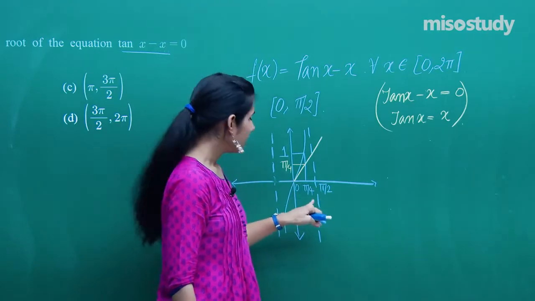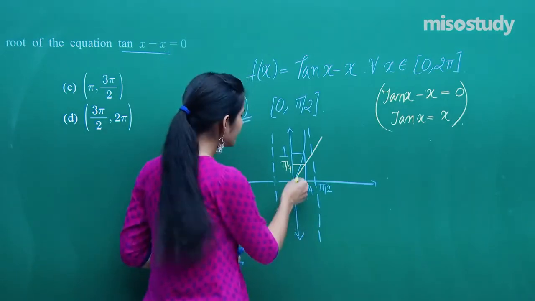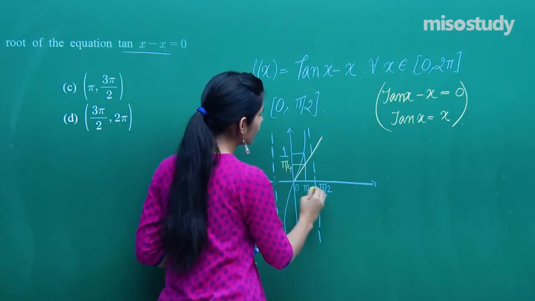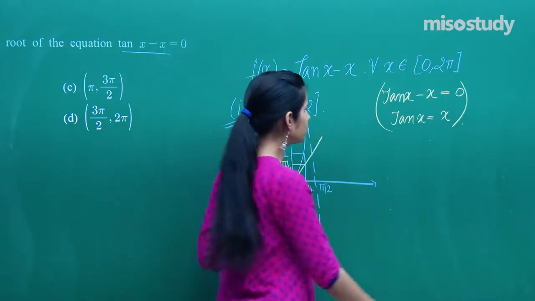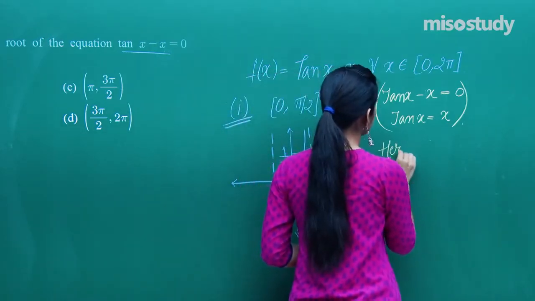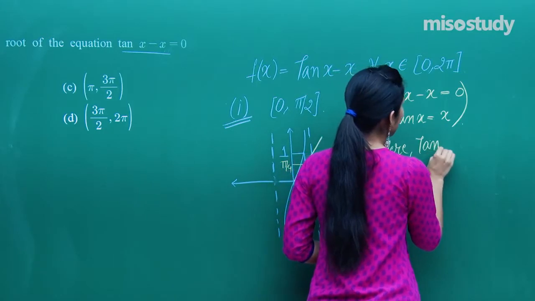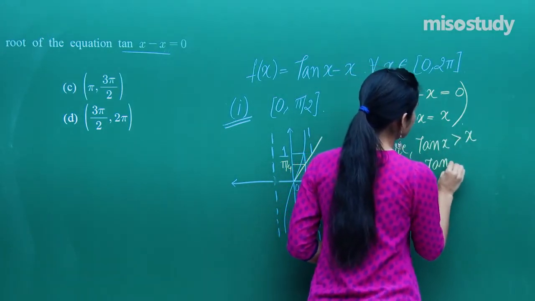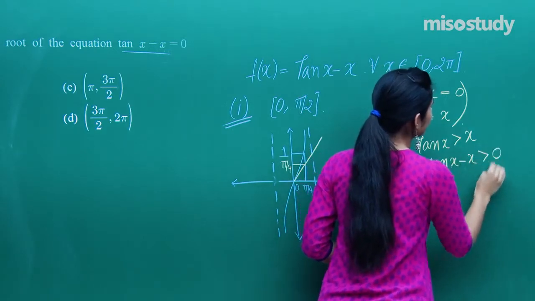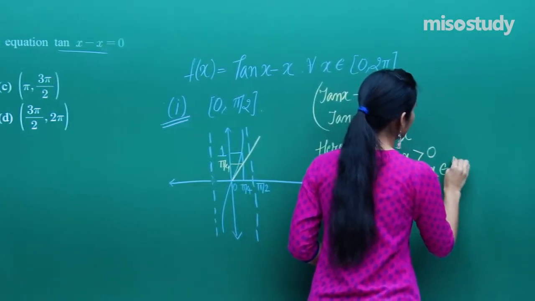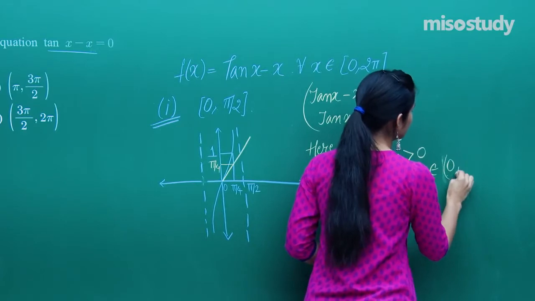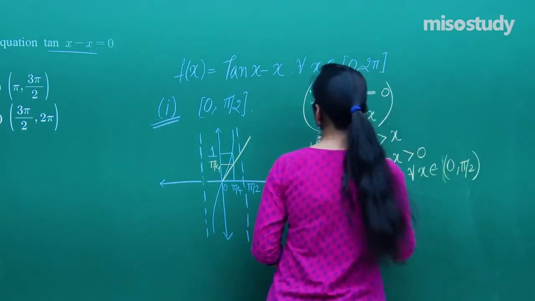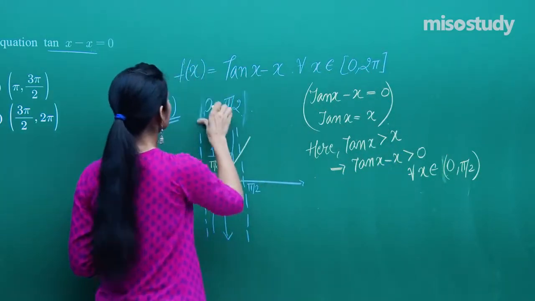This is just a motivation that tan x will be greater than x for x belonging to 0 to pi by 2. So here tan x will be greater than x. This implies tan x minus x is greater than 0 for all x belonging to 0 to pi by 2. This 0 and pi by 2 are not included.